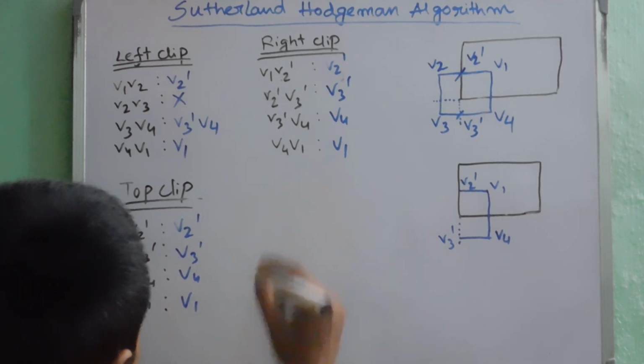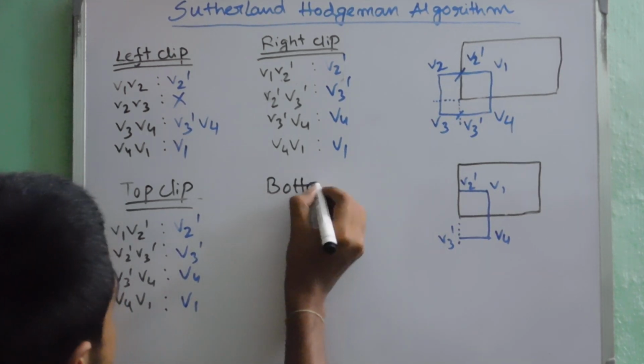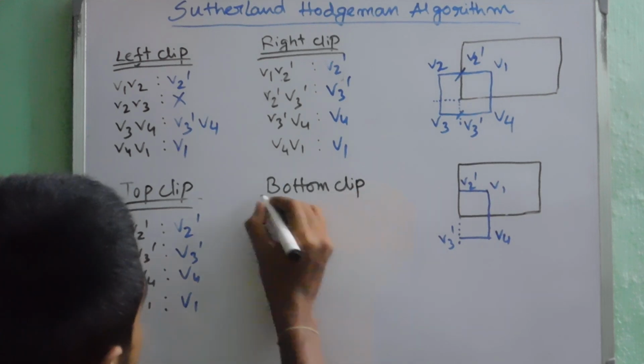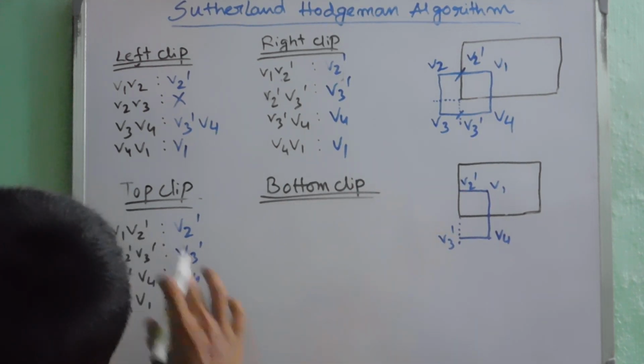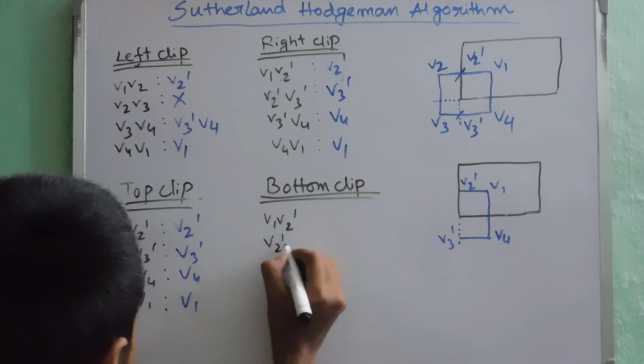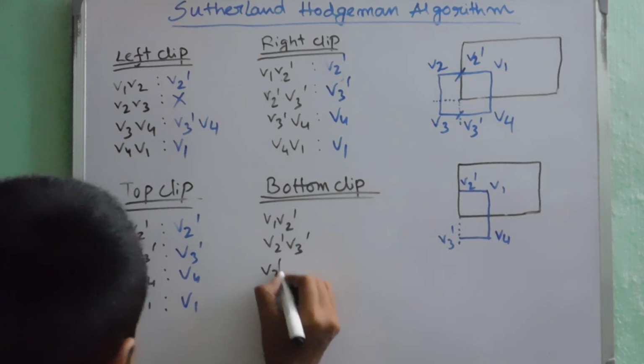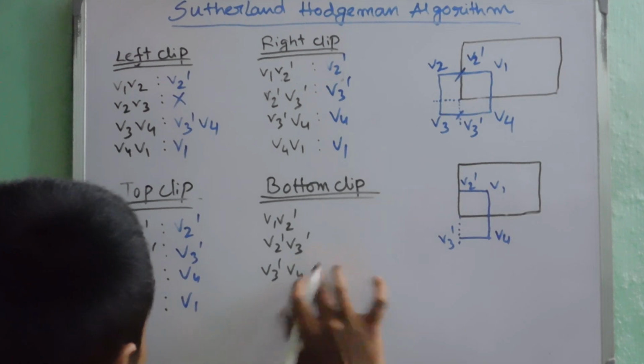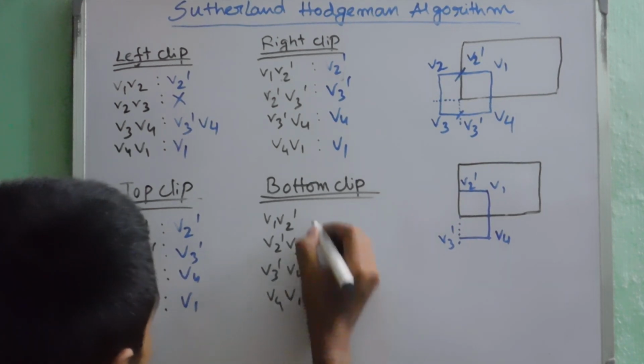So we have the bottom clip. The edges will remain the same: V1 V2 dash, V2 dash V3 dash, V3 dash V4 and V4 V1.